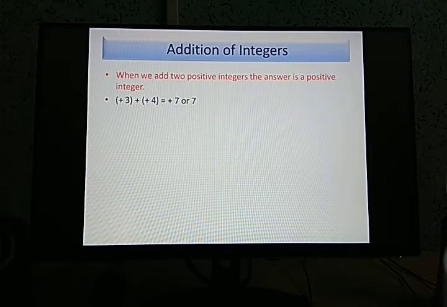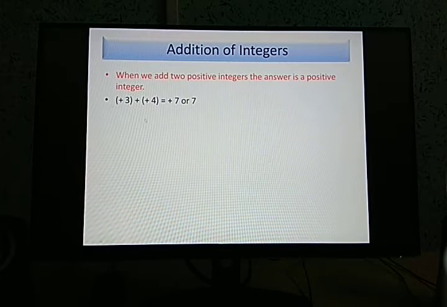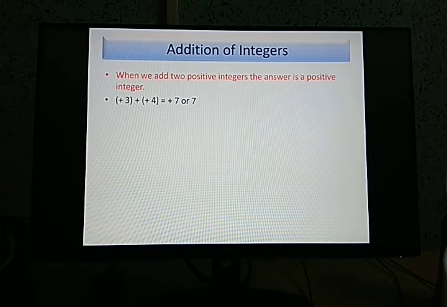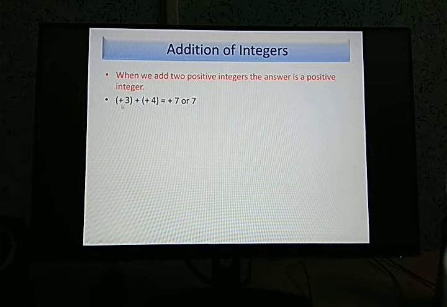Say plus 3 plus 4. Now one more thing I want to say is that it is not mandatory to write plus for positive integers, but I have given it here just to make you understand how this sign affects the resultant answer. It's not mandatory to give this plus.